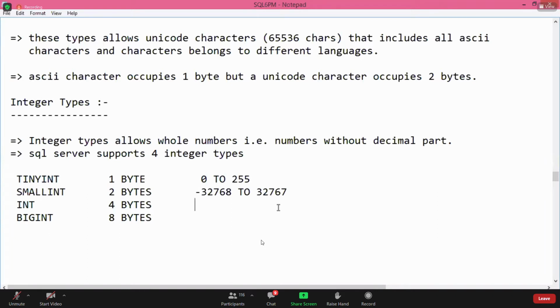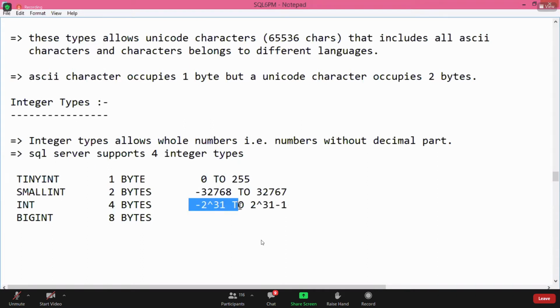Next one, integer. Integer takes 4 bytes. So what is the range of this integer? 4 bytes means 32 bits. The range is minus 2 power 31 to 2 power 31 minus 1.